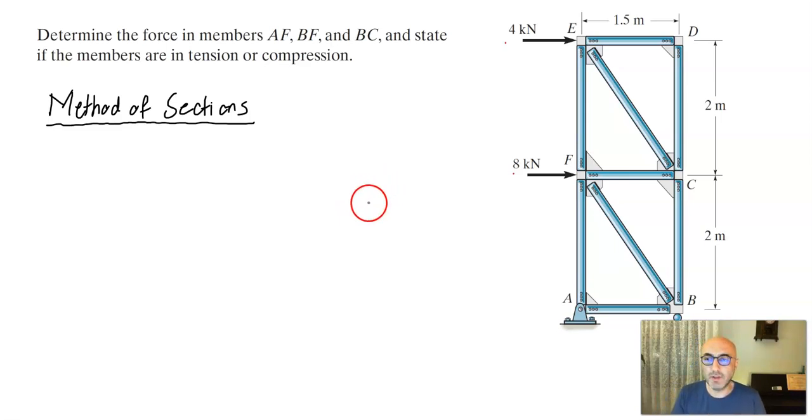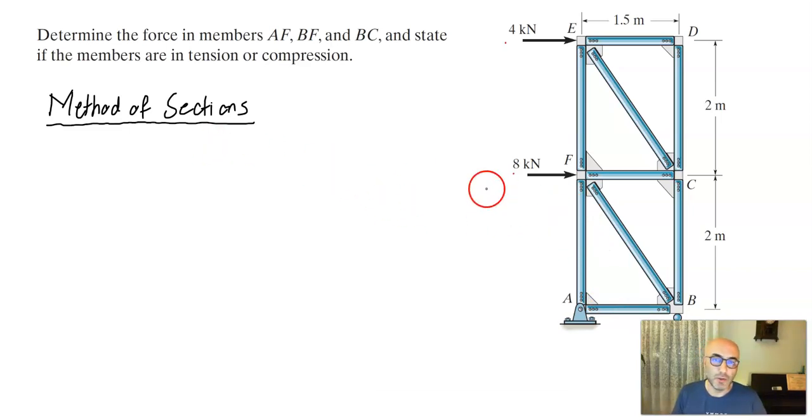So method of sections is kind of a practical way of solving for the forces of truss members relatively easily compared to method of joints, where you need to write equilibrium equations at each and every joint to successfully find the member forces.